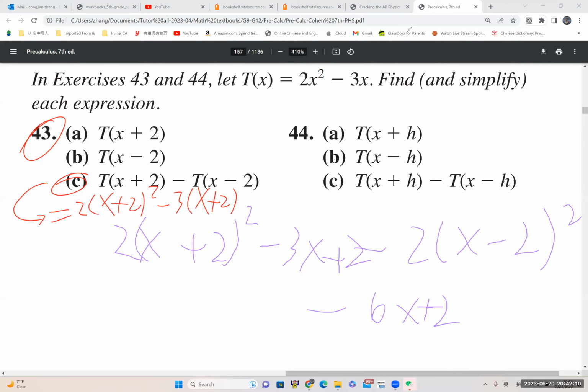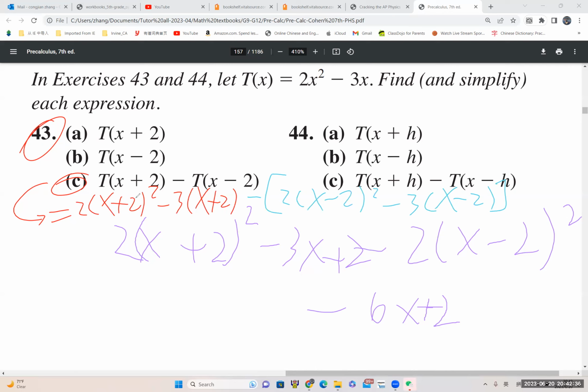Minus, for this I give it a big bracket. So it's 2x minus 2 squared, right? Minus 3x minus 2. Am I right?